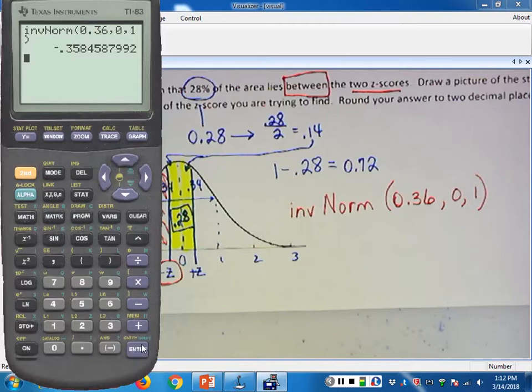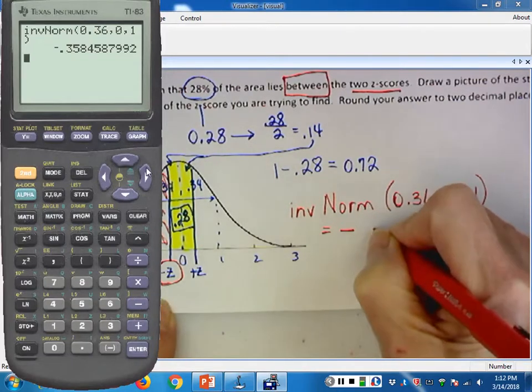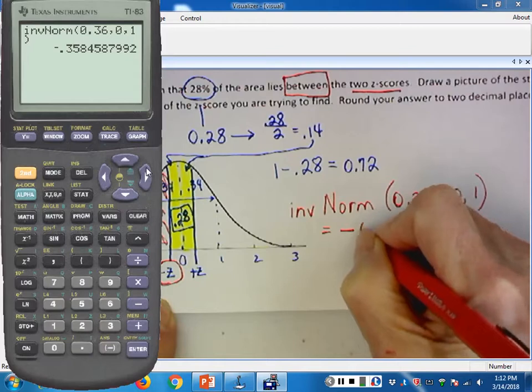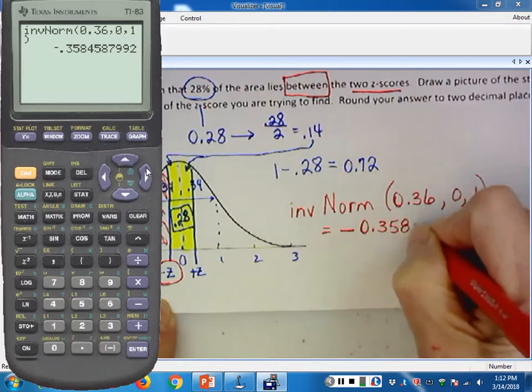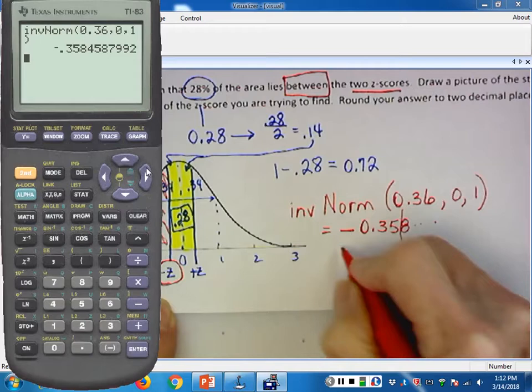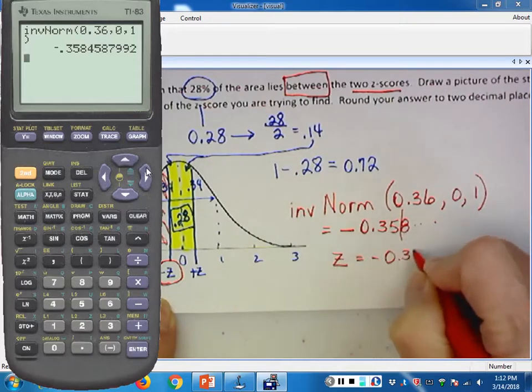And it tells me that that z-score is negative 0.358, which I'm going to call z is equal to negative 0.36.